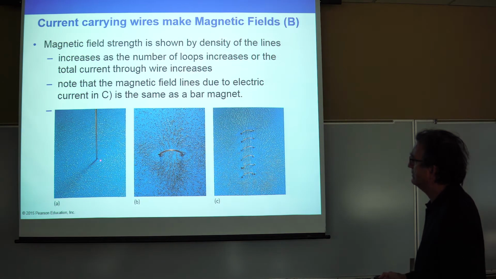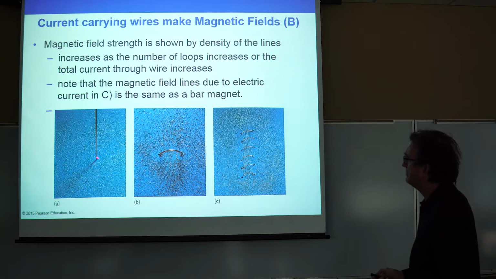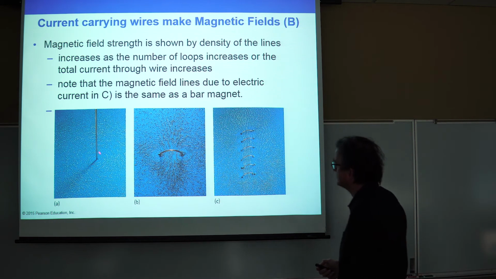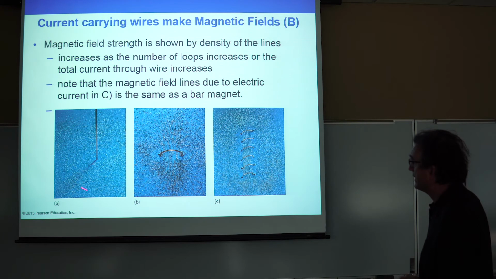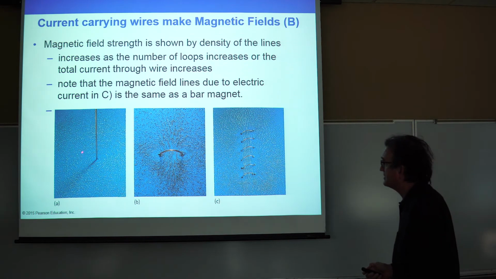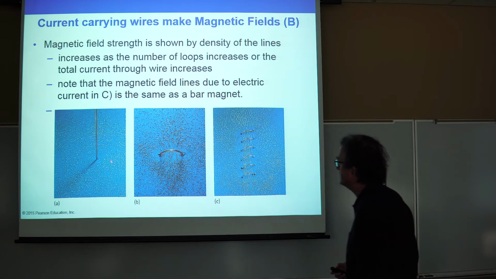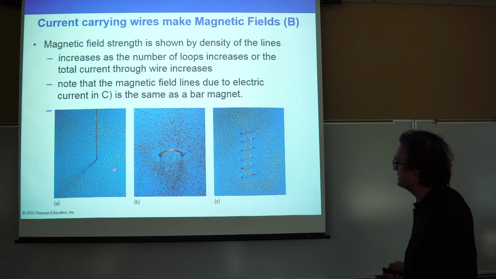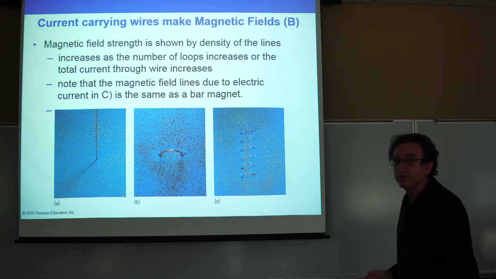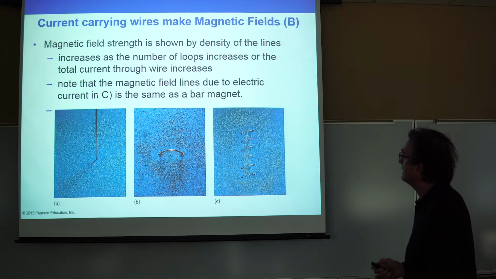You only see the part above the plane of the paper, but there's also one coming from below. If I throw these filings gently onto the piece of paper, the tiny bar magnets of the filings will line up north and south in a circular pattern, just as the compasses did, and we can see the pattern of the magnetic field that's produced from a straight line of current flowing through a wire.